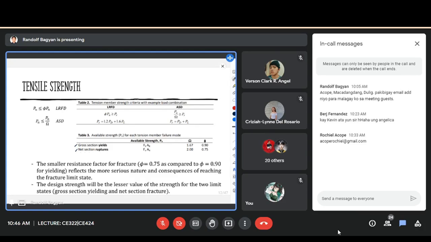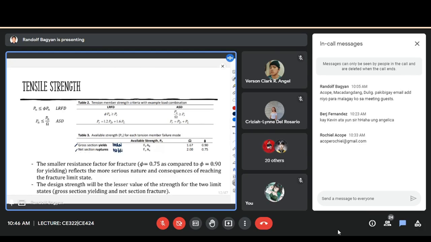Bakit, sir? Kung yung gross section yielding ang ating mas mababa, so for example, for gross section yielding, ang na-compute mong strength is 100 kilonewton. At for net section rupture, we have 150 kilonewton.